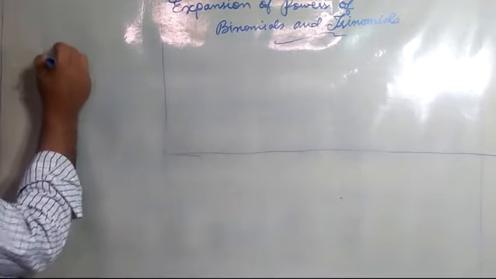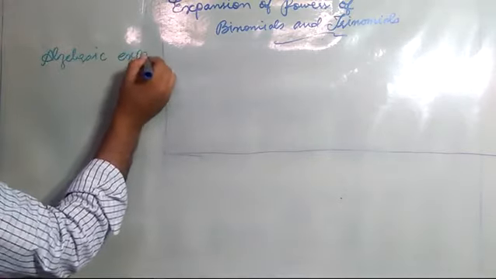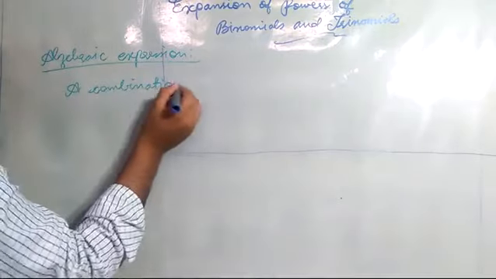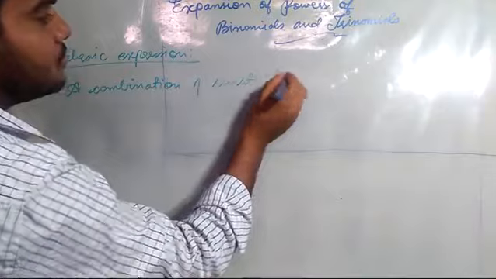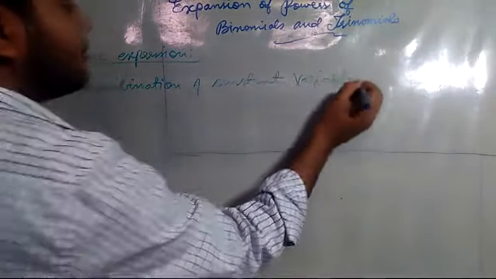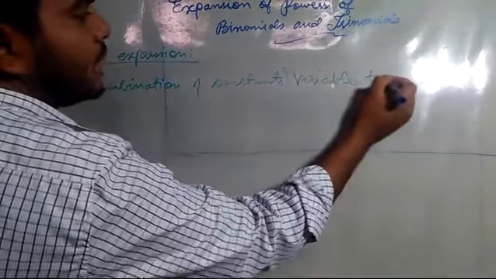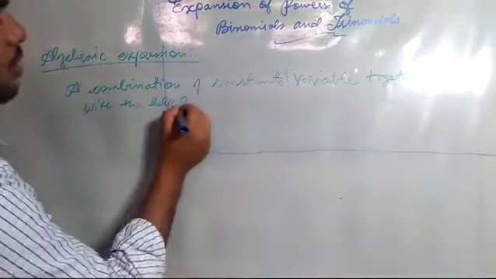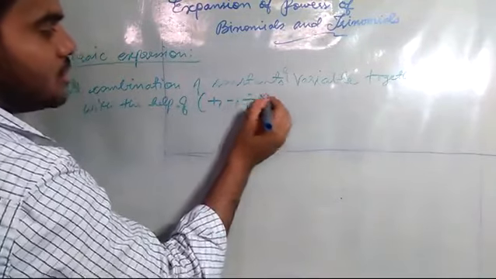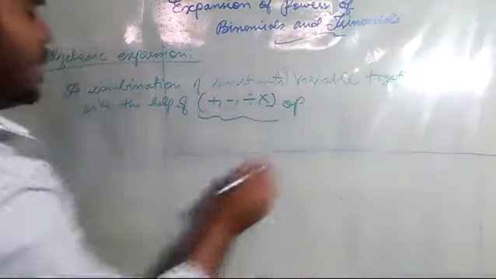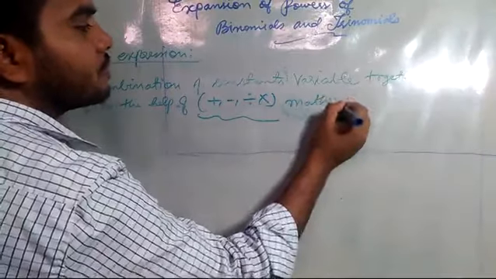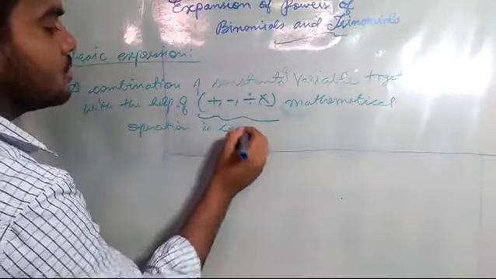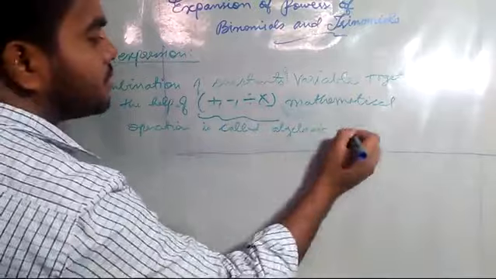Now algebraic expression. A combination of constants and variables together with the help of plus, minus, division or multiplication, with the help of these operations, with the help of mathematical operation, is called algebraic expression.